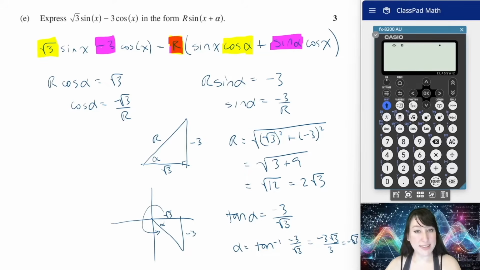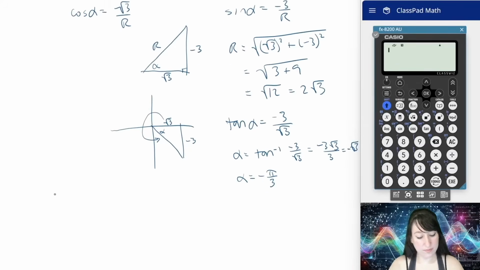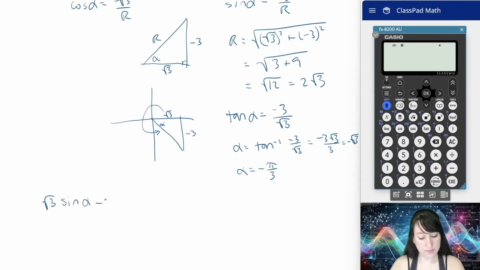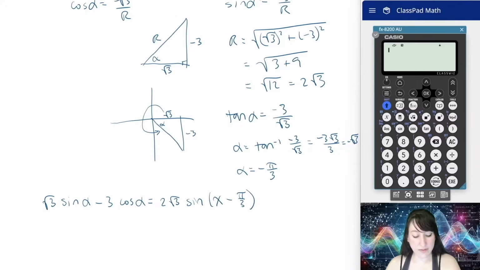We know tan 60 is √3/1, so alpha will be -π/3. So we have √3 sine x minus 3 cosine x would equal 2√3 sine of x minus π/3.